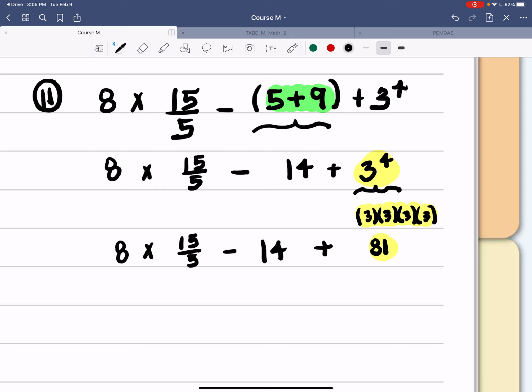Multiply, divide from left to right. Okay, now here's an issue. I'm going to do it the way we're supposed to.